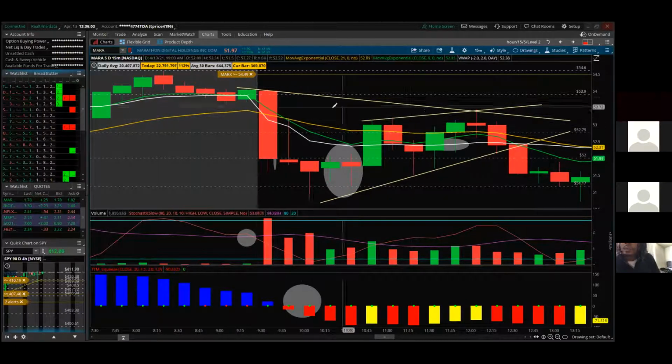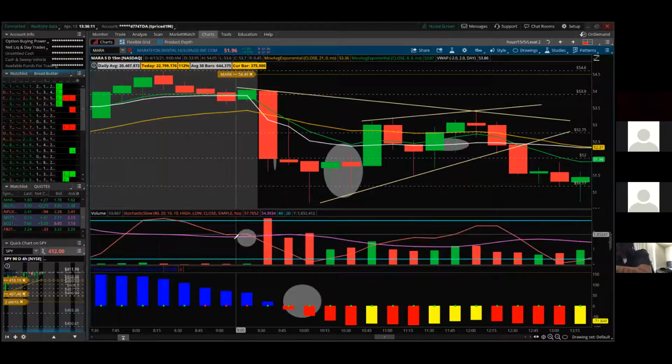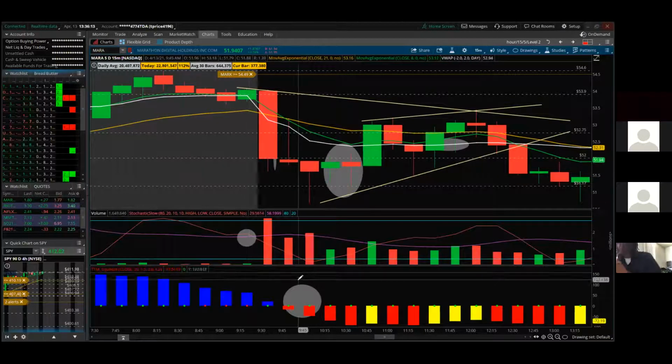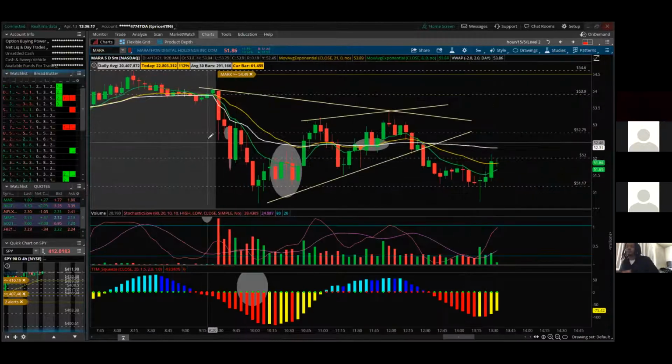So it depends on the actual time frame you're looking at, because different time frames show you different things. In this case, the 15-minute, the stochastics actually showed you before the TTM, but on the 5-minute, the TTM showed you before the stochastics, that first initial move down, right? So you just kind of have to look through the different time charts, because each time chart tells you something differently, if that makes sense.